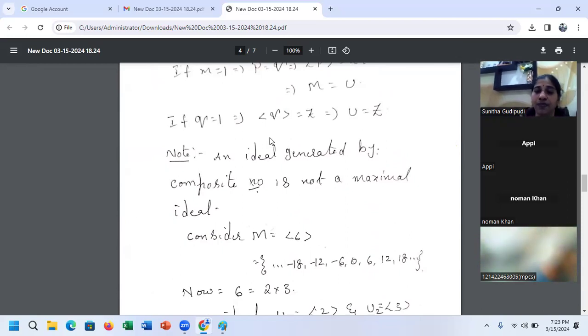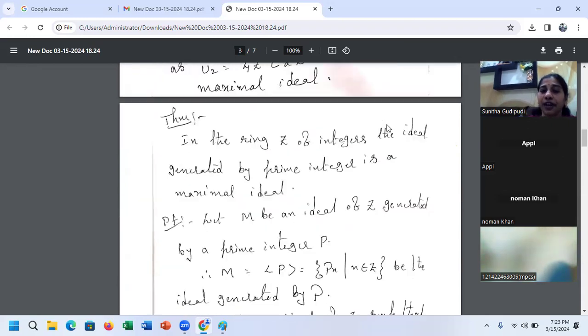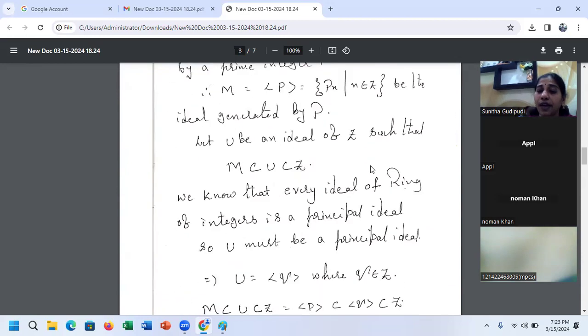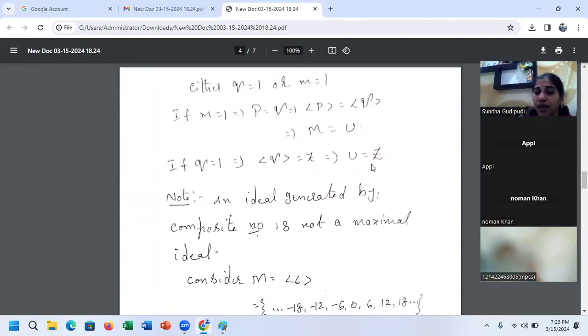So, if an ideal is generated by a prime integer, it is always a maximal ideal.